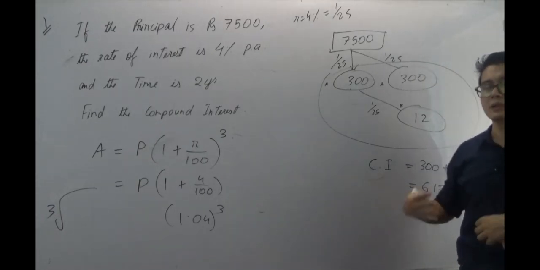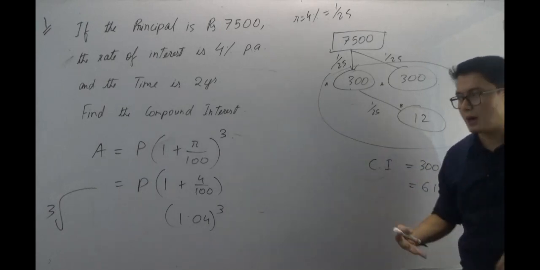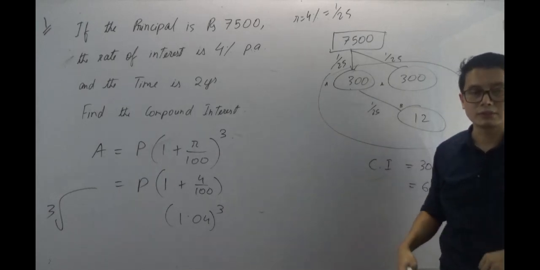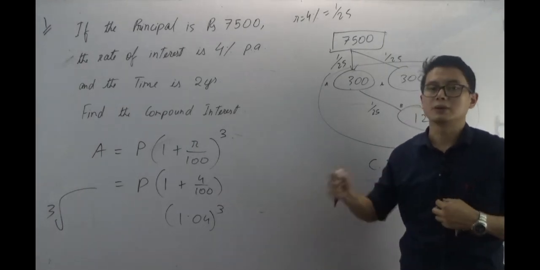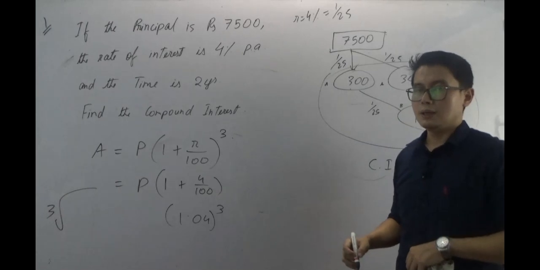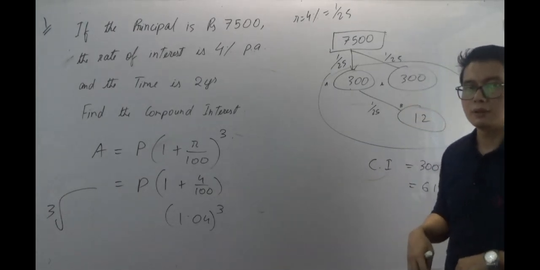So unnecessarily we create traps for ourselves. Sometimes we get the wrong answer, or even an exact answer takes a lot of time. It's a double loss for me, a huge loss.